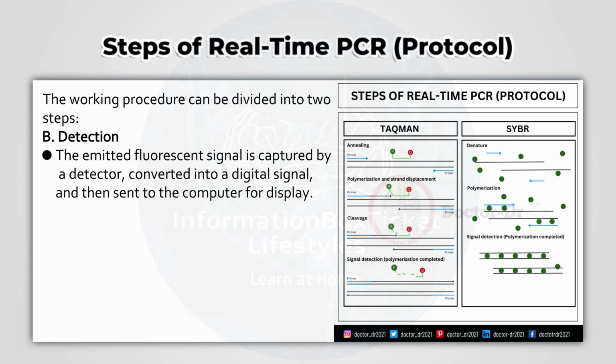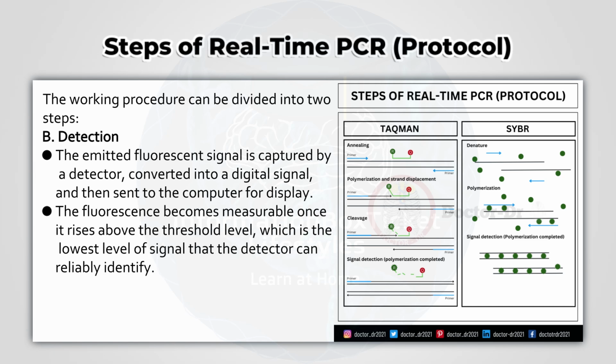The emitted fluorescent signal is captured by a detector, converted into a digital signal, and then sent to the computer for display. The fluorescence becomes measurable once it rises above the threshold level, which is the lowest level of signal that the detector can reliably identify.